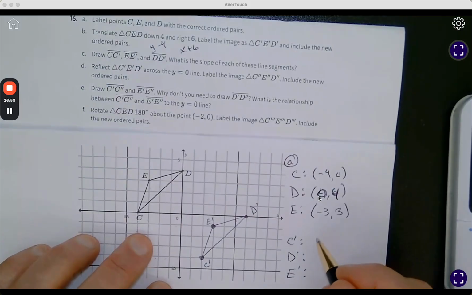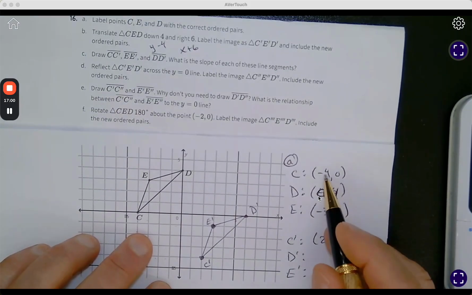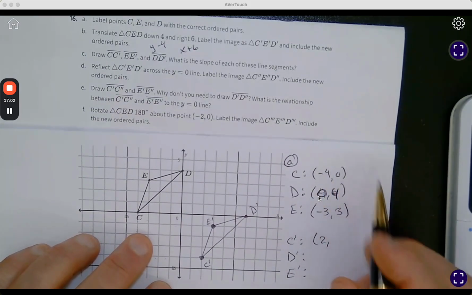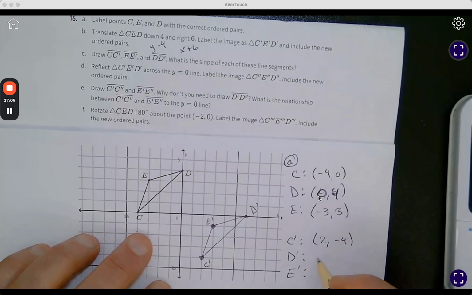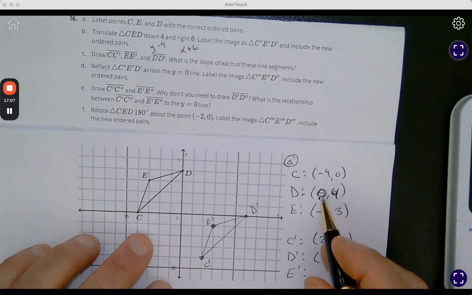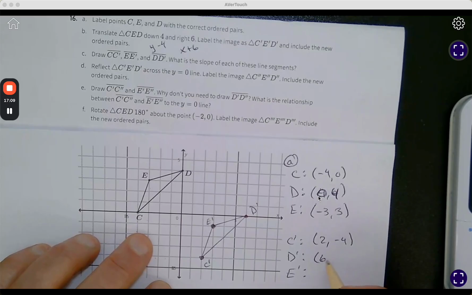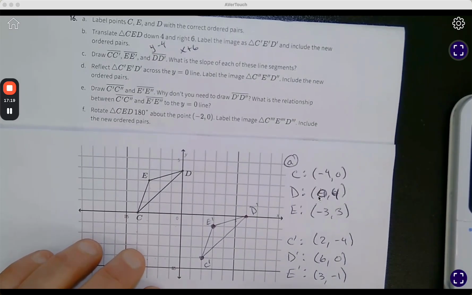So C is add 6, subtract 4. D, add 6, subtract 4. Add 6, subtract 4. Okay, that worked. Let's see what's next.